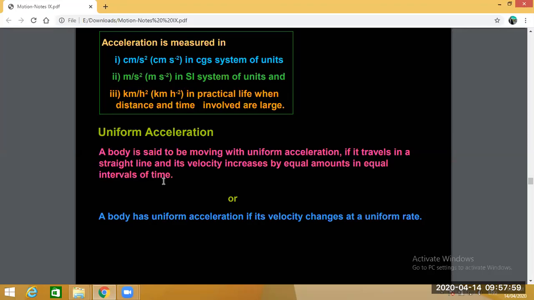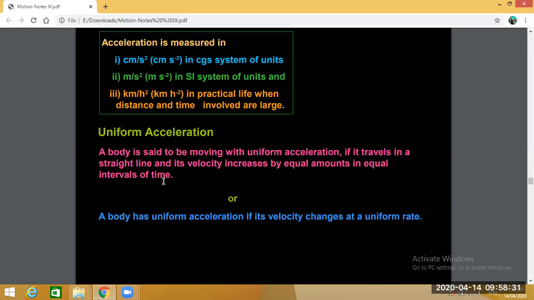If it changes unequally in equal intervals of time, then its acceleration is said to be non-uniform. In this class, we will go through uniform acceleration. Non-uniform acceleration will be studied in higher classes. So right now we should focus on uniform or constant acceleration.